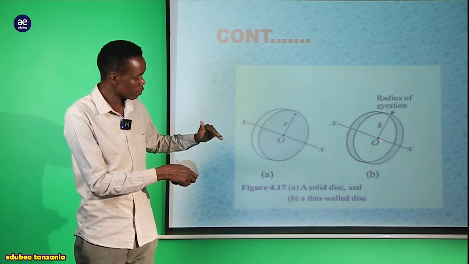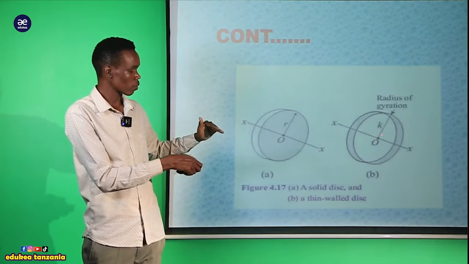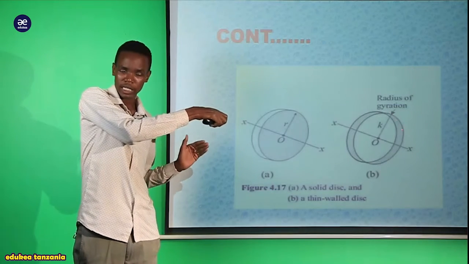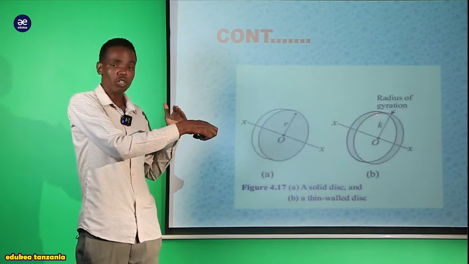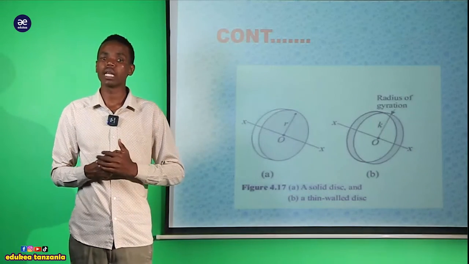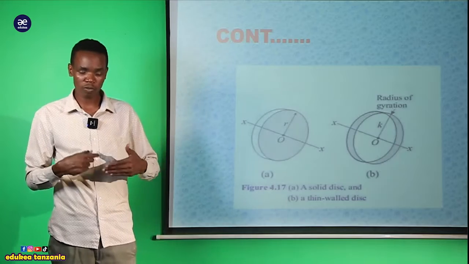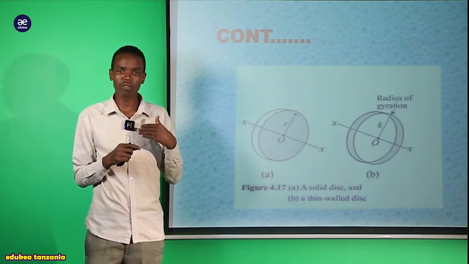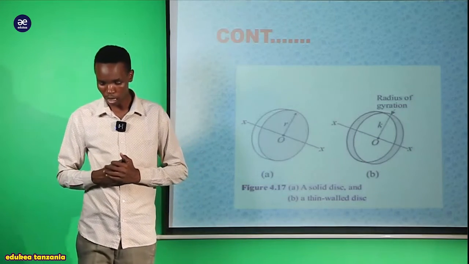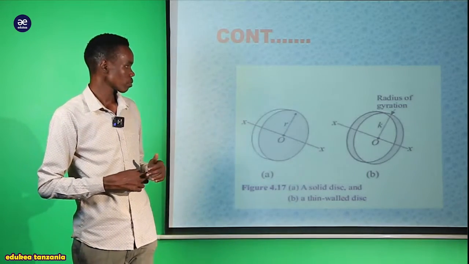So the distance from the center or from the axis of rotation to any point where the mass is located and the moment of inertia remains unchangeable, this distance is called the radius of gyration. The radius of gyration of a rotating rigid body is represented by the symbol K, as we observe here.